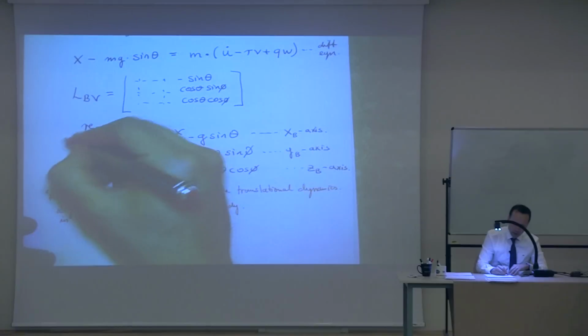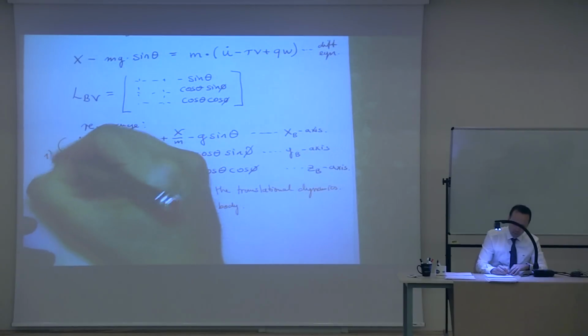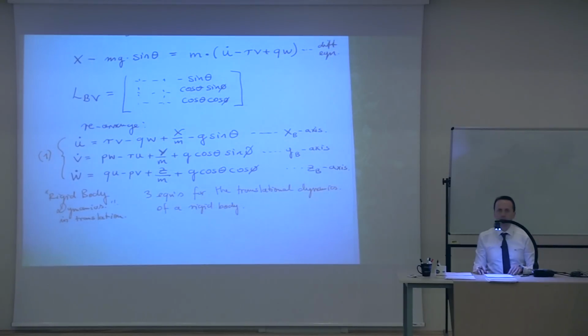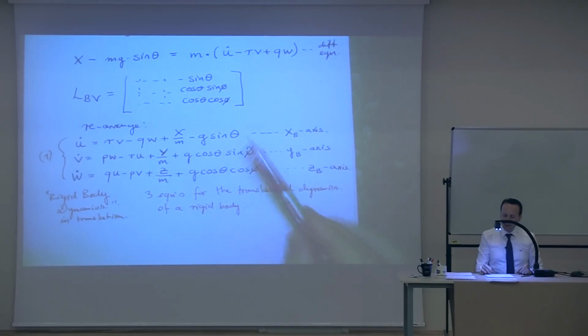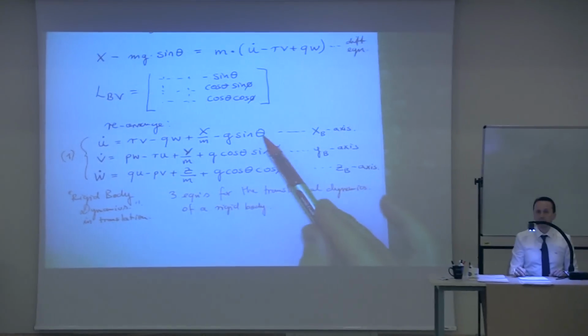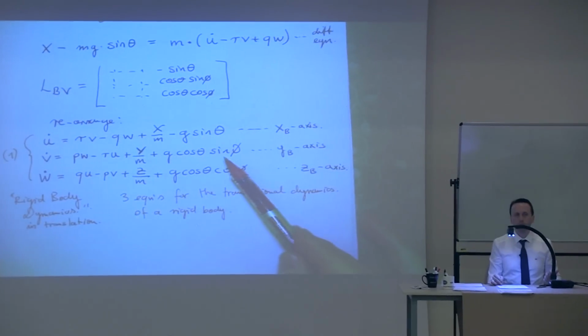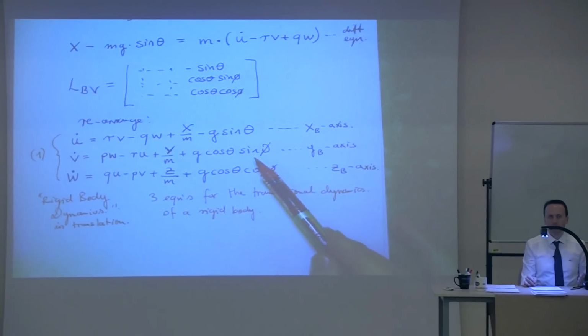So these three equations, that's number 1, and they are quite important. They look simple, and we got them in a few minutes, but we will use them quite often. A few questions. First of all, note that these equations are now functions of theta and phi, the Euler angles, right?